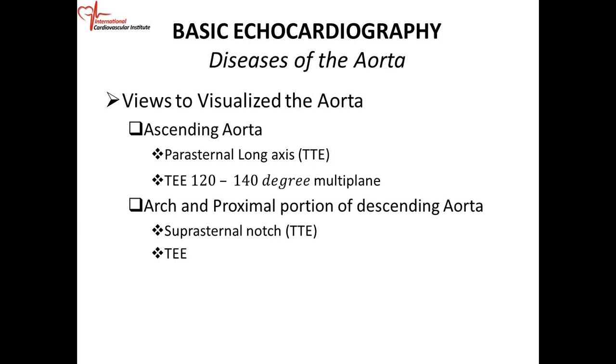With the transesophageal echo, you can see the ascending aorta, the aortic arch and the descending aorta. So you have to know what modality will allow you to visualize which portion of the aorta.